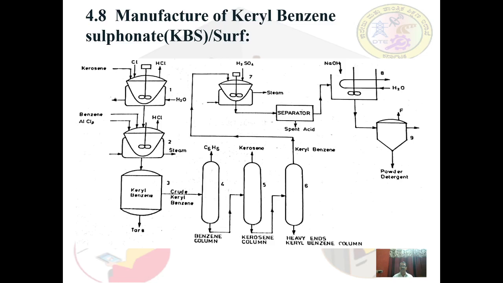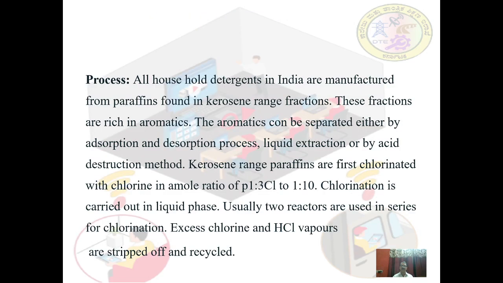And finally, this linear alkyl benzene sulfonate, which is in liquid form, is spray dried in a spray dryer and gives powdered linear alkyl benzene sulfonate or LABS. Let us see the process.